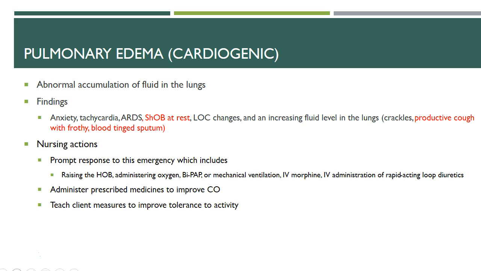You're going to see a productive cough with frothy, bloody tinged sputum. Your actions are to treat this as an emergency, because that's what it is. Raise the head of the bed. That's the first thing you're going to do. Provide oxygen as ordered. So if you raise the head of the bed and they still are in distress, you need to do a little bit more. So give them oxygen. You can do BiPAP or mechanical ventilation.